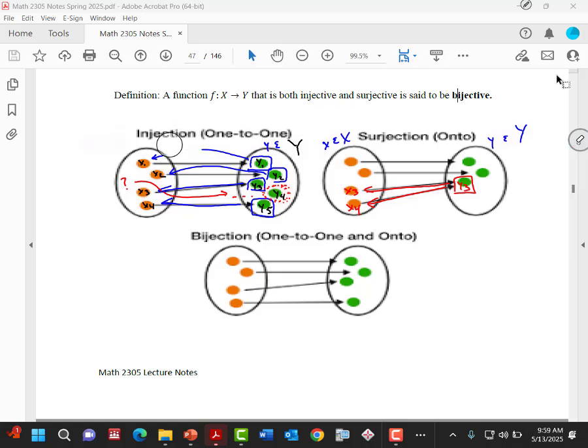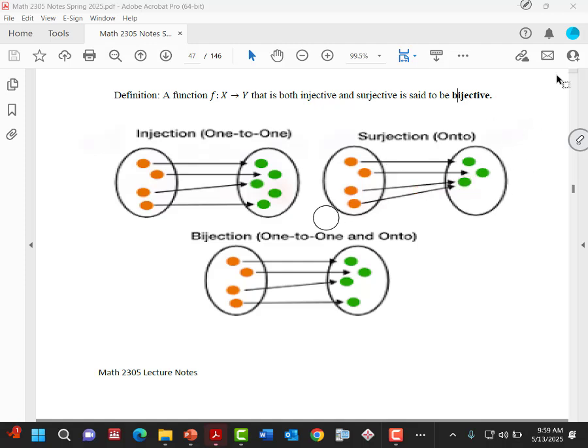Now, if I combine the 2 of these together, a one-to-one and onto function, I get what is called a bijection. I have little x's in X, little y's in Y. Maybe I'll call these x1, x2, x3, x4, y1, y2, y3, y4.